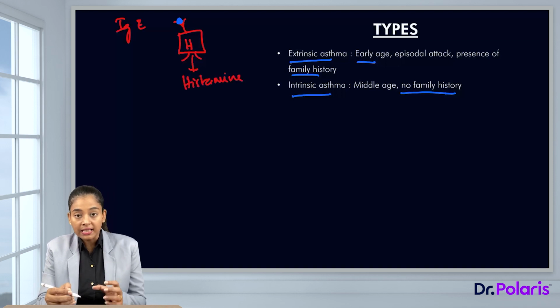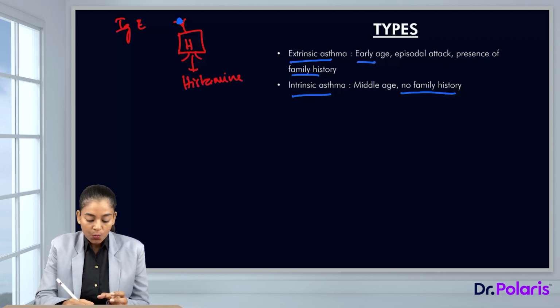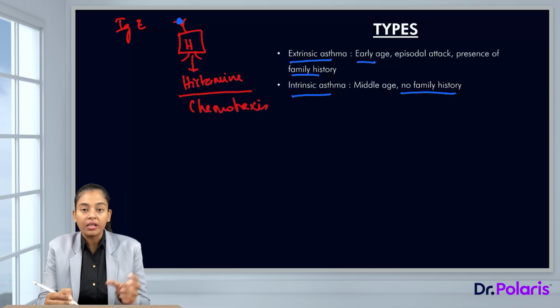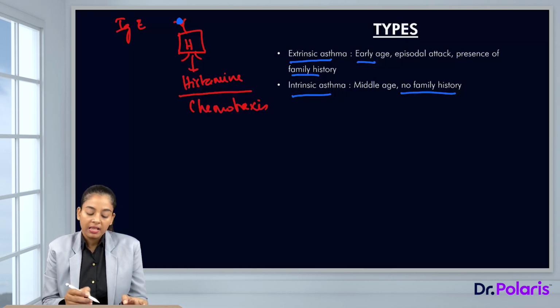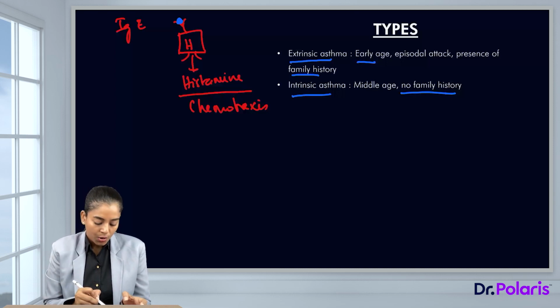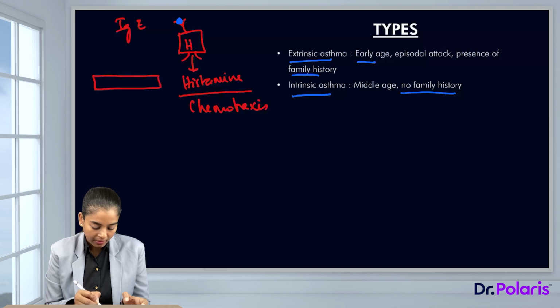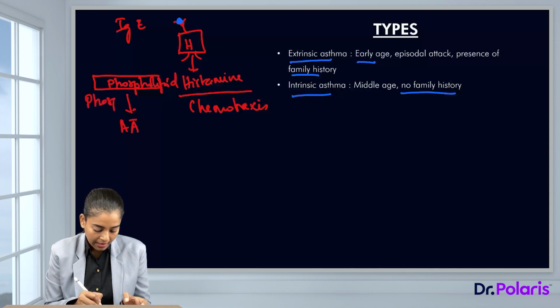This histamine is an inflammatory mediator which will cause chemotaxis of all the other inflammatory mediators. This is one side. On another side, the allergen breaks open the cell membrane. When the phospholipid bilayer of the cell membrane breaks open, it produces arachidonic acid by the phospholipase enzyme.